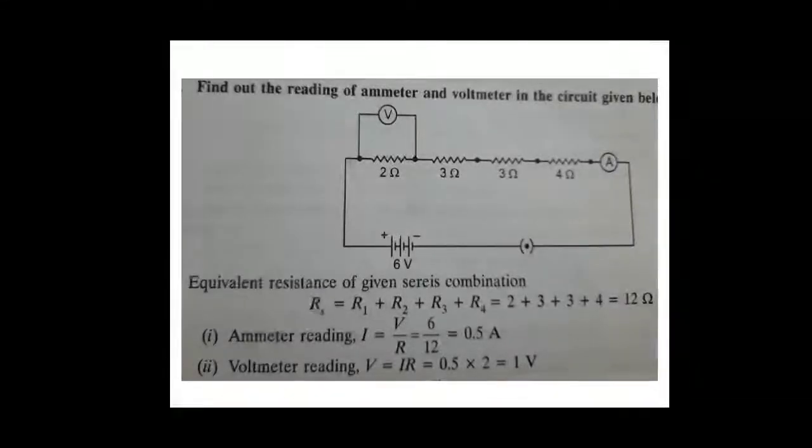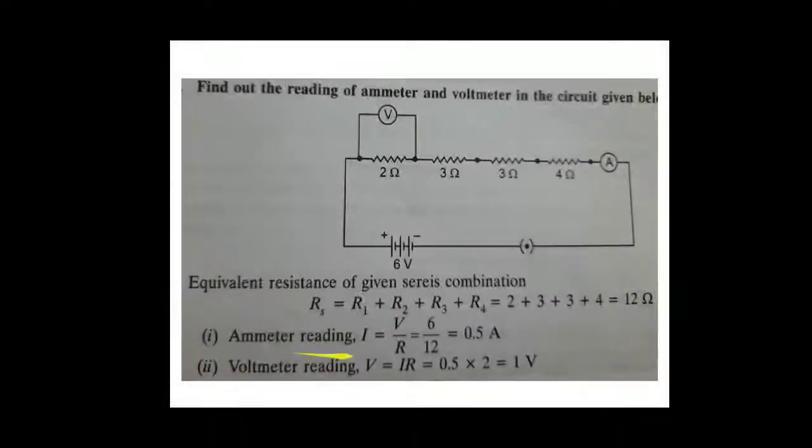In another question, find out the reading of the ammeter, meaning we have to tell the amount of current, and the voltmeter, meaning we have to tell the potential difference in the circuit. The equivalent resistance, as all are connected in series, is equal to 12 ohm.